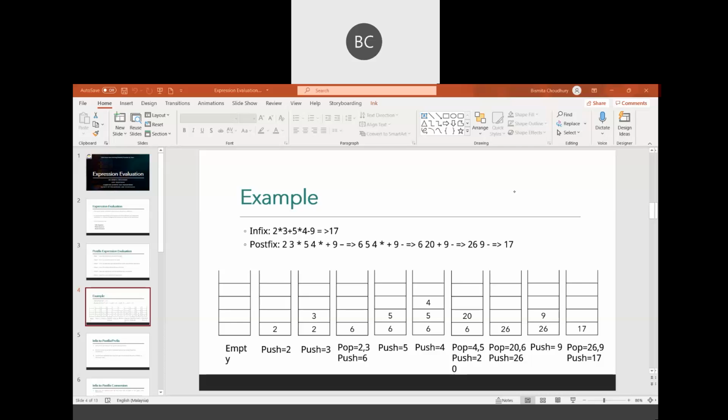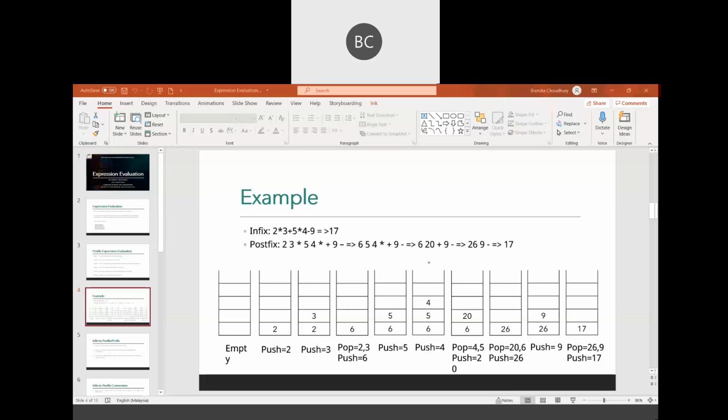Now the same thing, if you want to do it in postfix, you just put the brackets. Then what will happen? A plus, first evaluate this expression. It is postfix, correct? So the operator will come here.